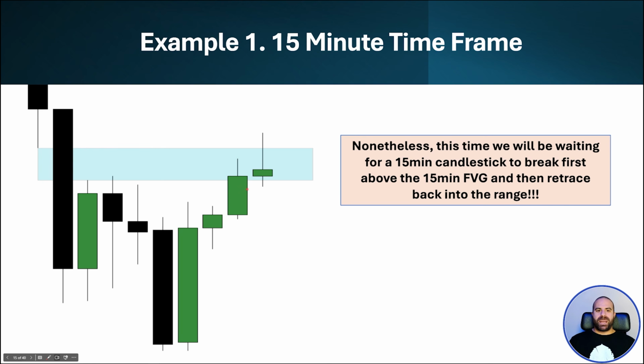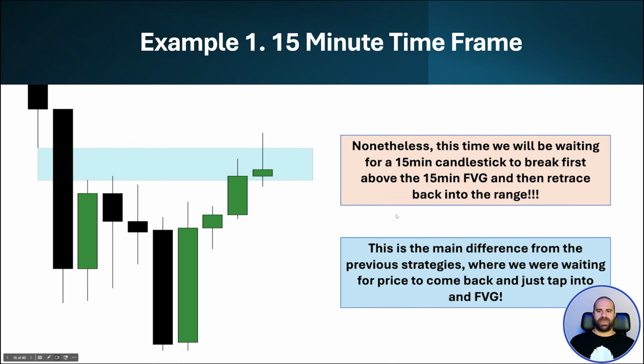We will be expecting a violation, and I say violation, of the FVG, because this is still a rejection with a wick of a 15-minute candlestick. We will wait, in other words, for a break above the FVG, the 15-minute FVG, and a rejection of it. And those things happen at the very same time, guys.